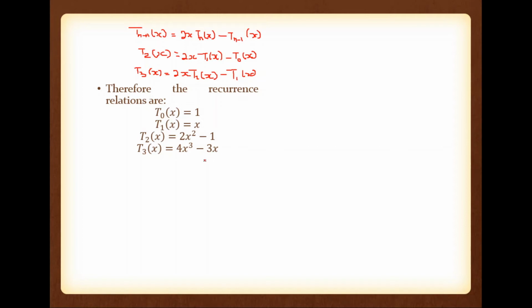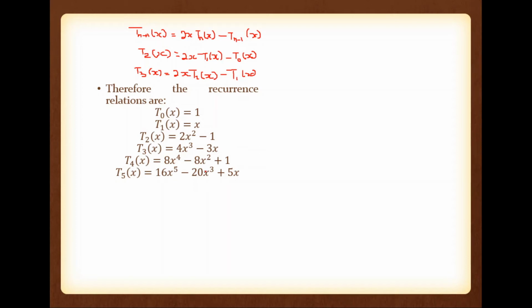Now what about T4 of x? T4 of x is equal to 2x into T3 of x minus T2 of x. So T4 of x is equal to 8x raised to 4 minus 8x square plus 1.